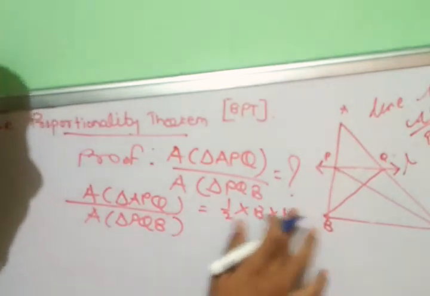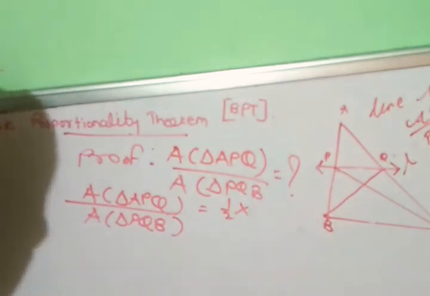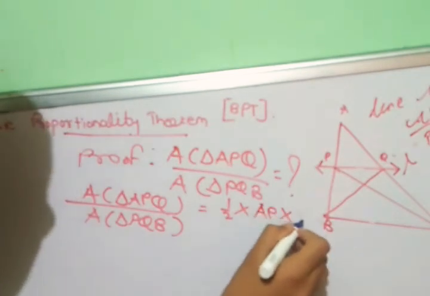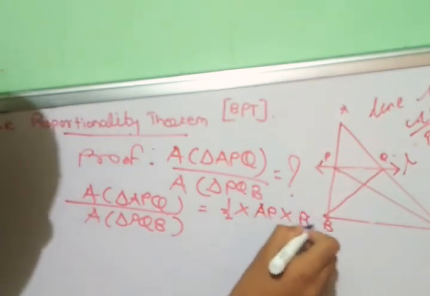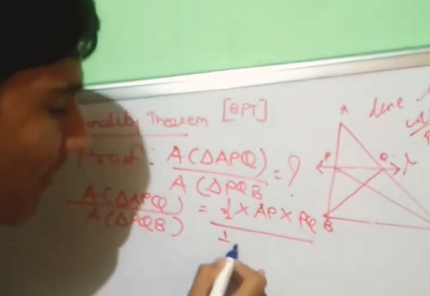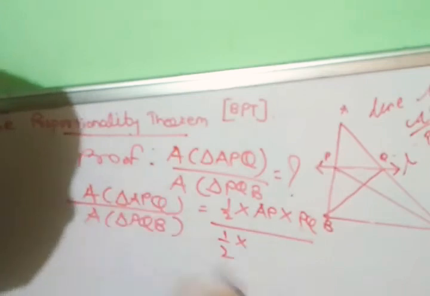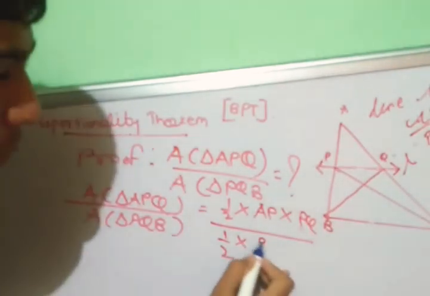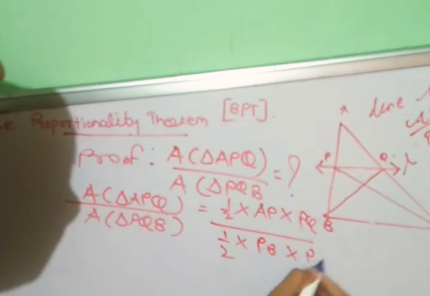So for the base and height of triangle APQ, we write base is AP and height is PQ. In triangle PQB, it is also half into base into height. The base of triangle PQB is PB and the height is PQ.